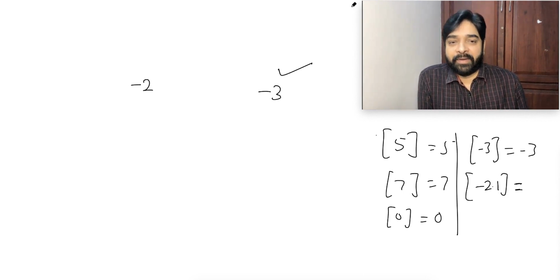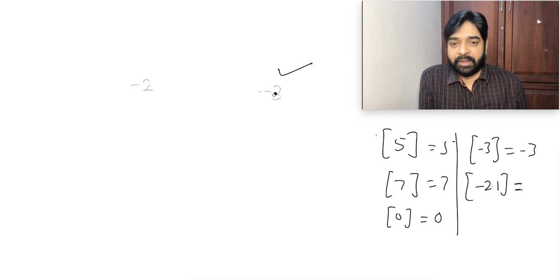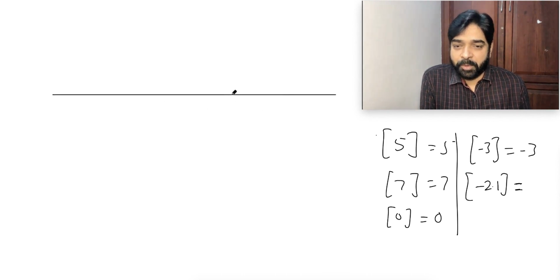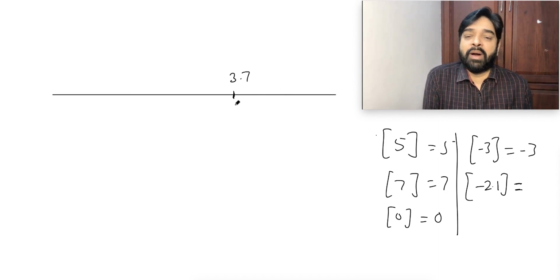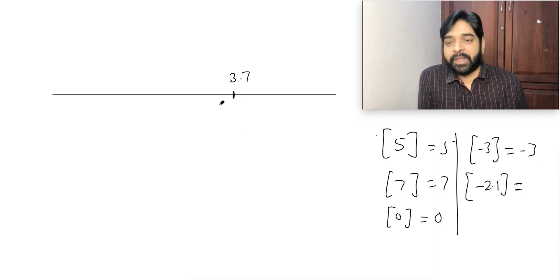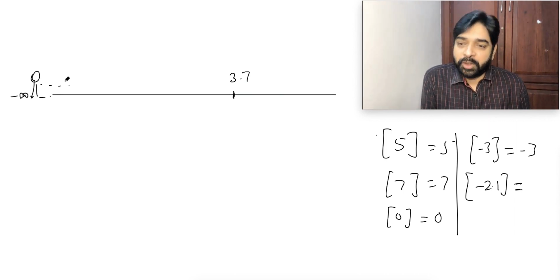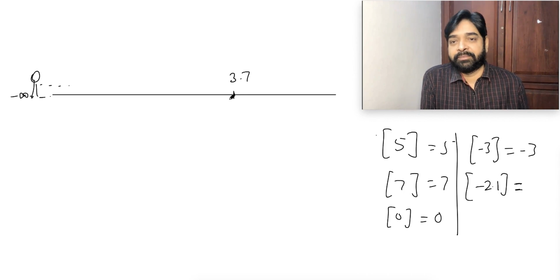Integral part of a number. Let me explain the meaning of this. If I say the greatest integer of a number, imagine, suppose somebody says 3.7. The meaning is that one person is coming from minus infinity to this 3.7.